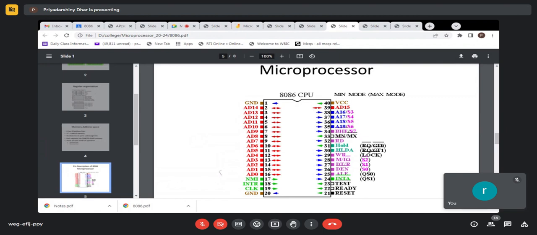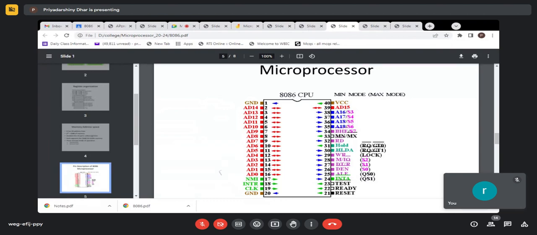For minimum mode operation we require some different signals. For maximum mode we require RQ/GT0, S2, S1, S0, QS0 and QS1; these signals are used for maximum mode, and the others for minimum mode.